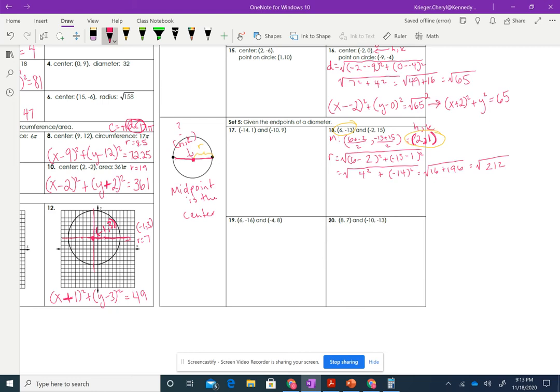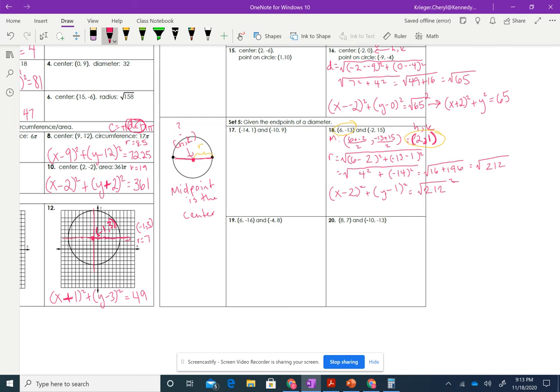So (x minus h), h is 2, squared, plus (y minus k), 1, squared, equals the square root of 212 squared.